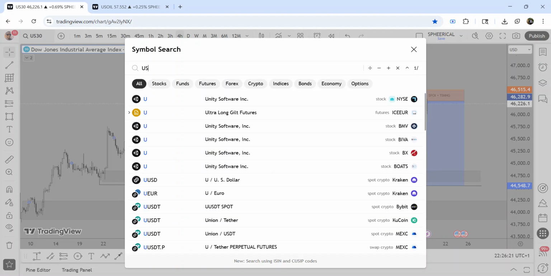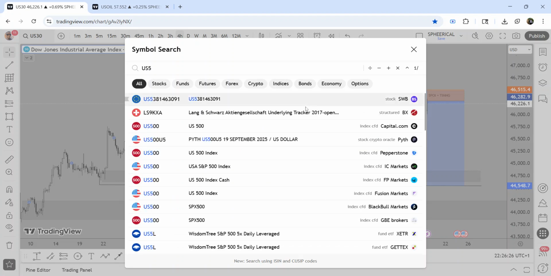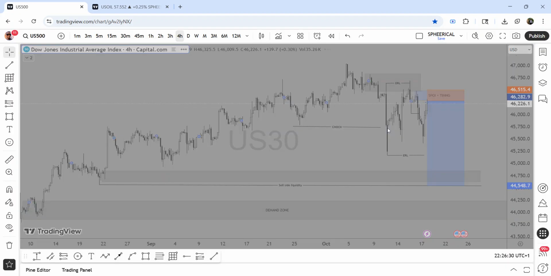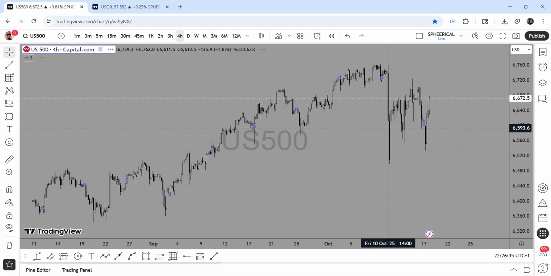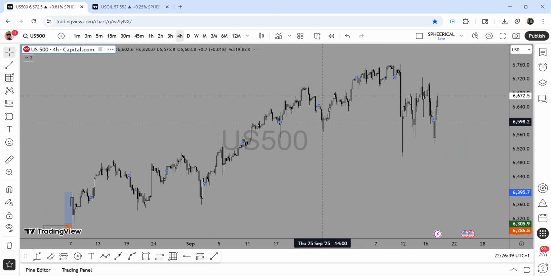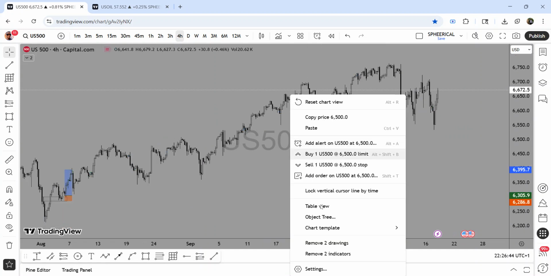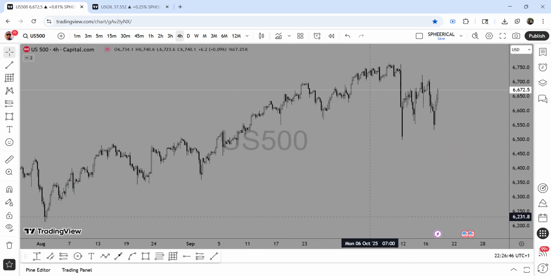This is US500. Can you see that? It is exactly the same. So I will just focus on marking out the same points of interest we have.